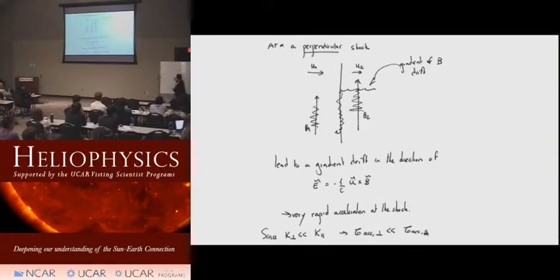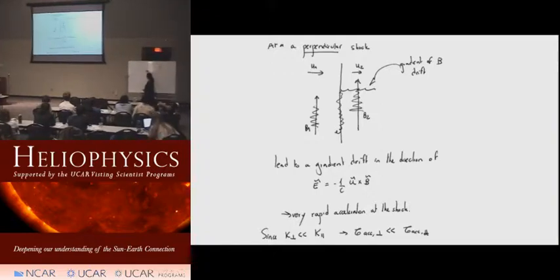For a perpendicular shock, it's very different because the magnetic field is like that. So if a particle gyrating here, for some reason, managed to get scattered here, or even without it, just this magnetic field gets convected through the shock, it's going to have lots of time to get accelerated.